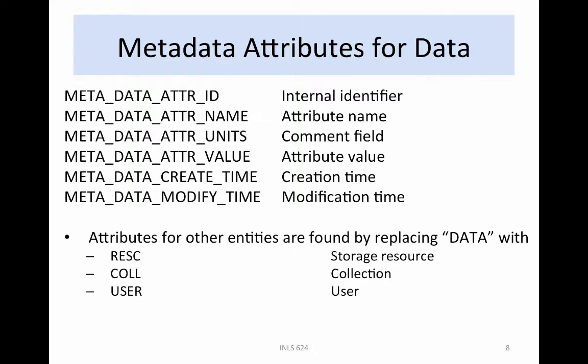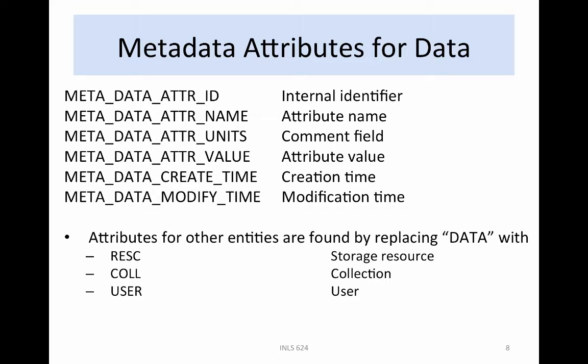The attribute names associated with metadata for files are metadata attr ID, the internal metadata identifier; metadata attr name, the metadata attribute name; metadata attr units, metadata attribute units or comment field; metadata attr value, metadata attribute value; metadata create time, the metadata creation time; metadata modify time, the metadata modification time.